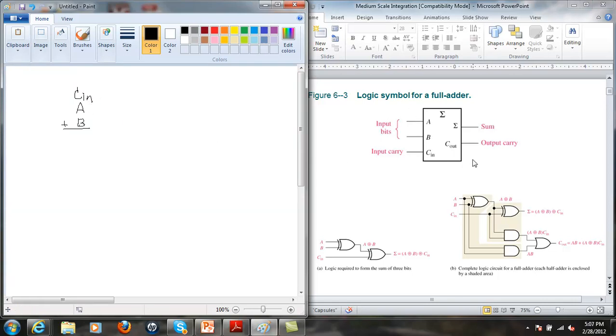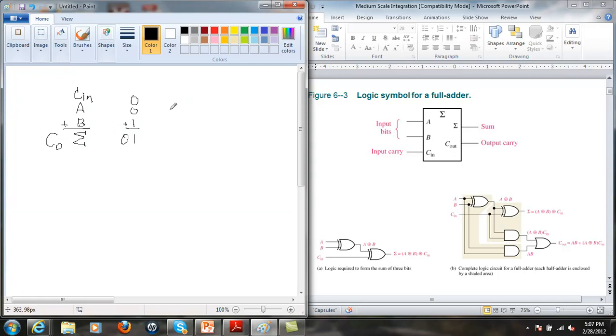Depending on what the sum is, that will dictate the sum out and the carry out. For example, if A was 0 and B was 1, and I added those with a 0 carry in, the sum would be 1. And the carry out is likewise 0 because there's no carry.